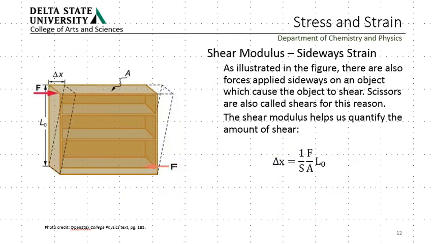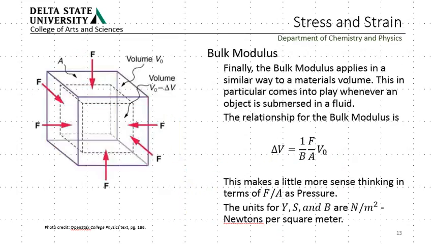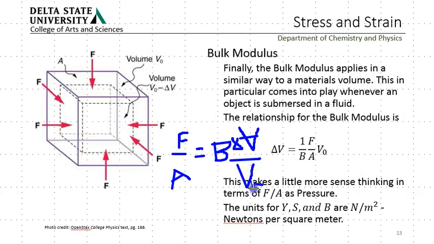All right. And then the last one we're going to hit is the bulk modulus. Again, we could write it very similar to the other two. We could do F over A is our bulk modulus times delta V over V naught.